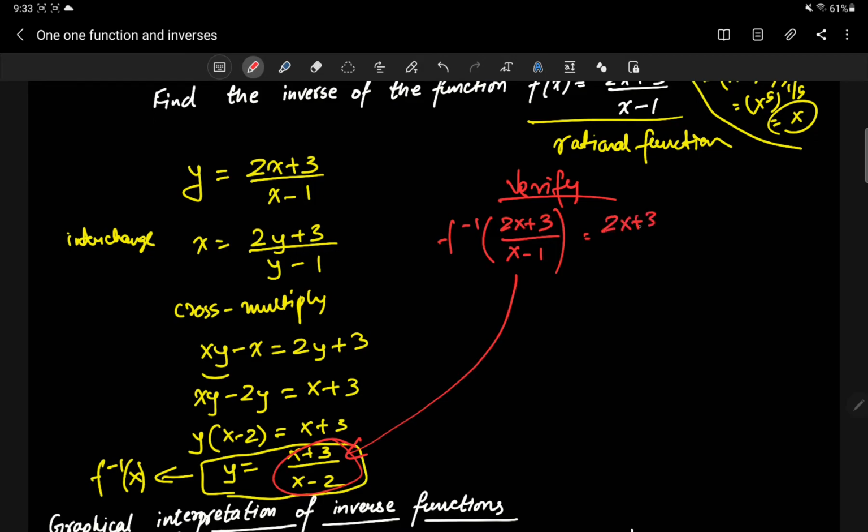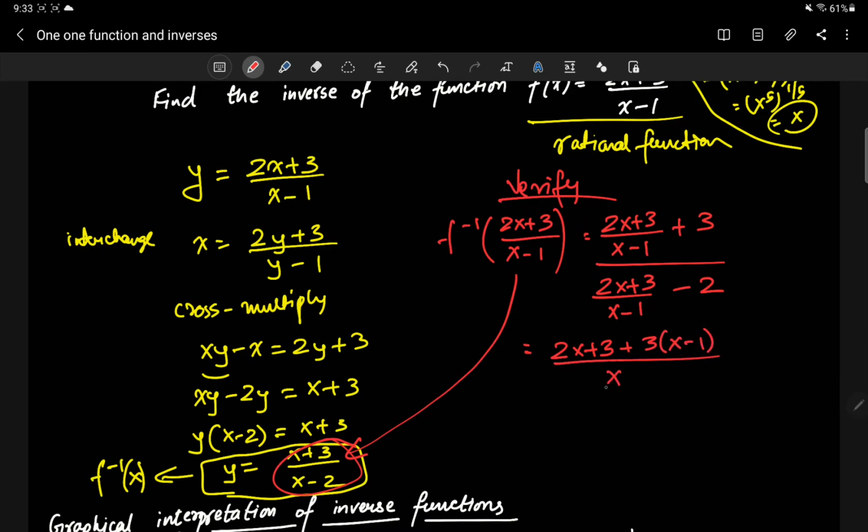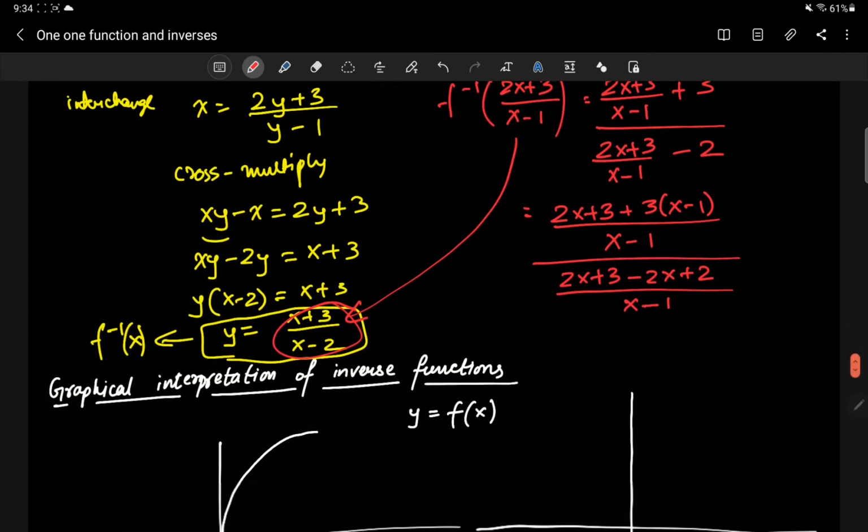So I have ((2x plus 3) over (x minus 1) plus 3) over ((2x plus 3) over (x minus 1) minus 2), which then becomes ((2x plus 3) plus 3 times (x minus 1)) over (x minus 1), divided by ((2x plus 3) minus 2 times (x minus 1)) over (x minus 1).